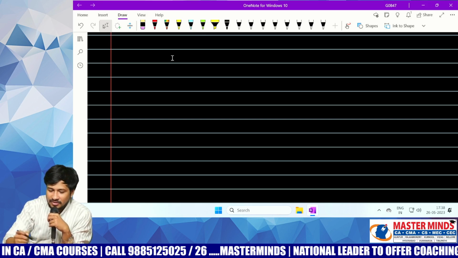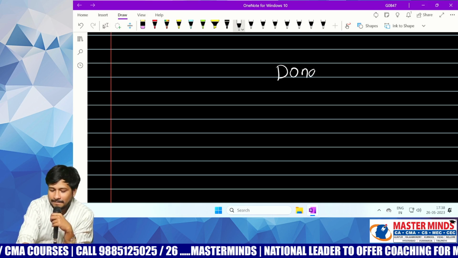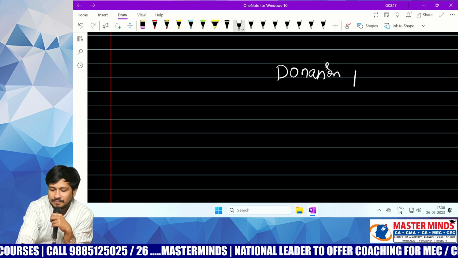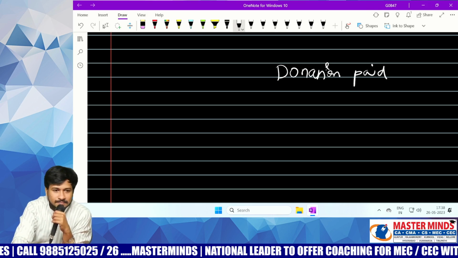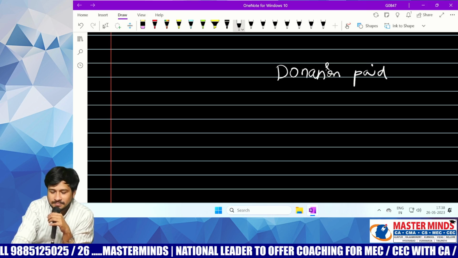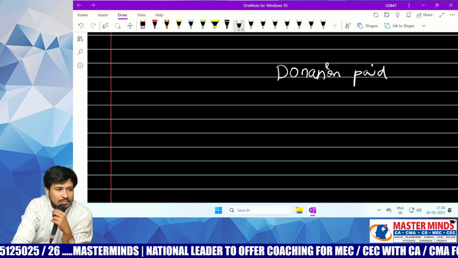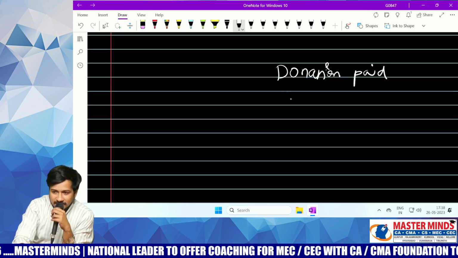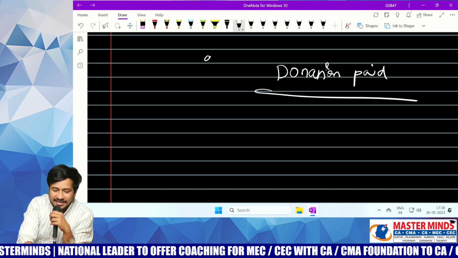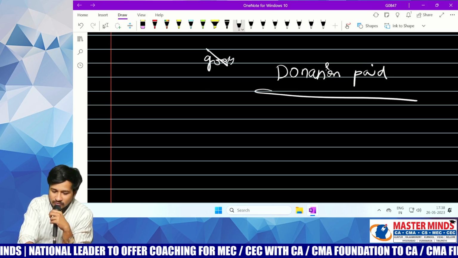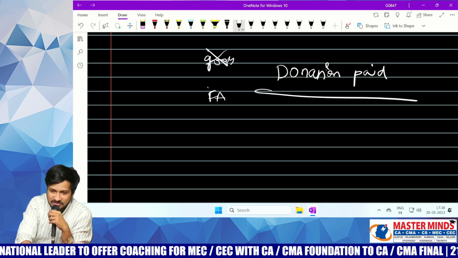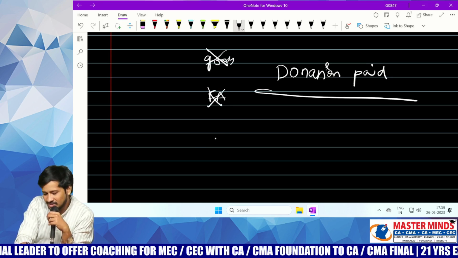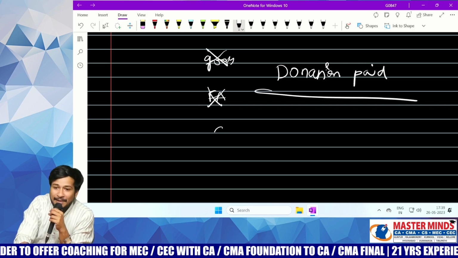Donation paid. Why and how? There's one more category. Is it relating to goods? No. Is it relating to fixed assets and investments? No. Is it relating to capital?